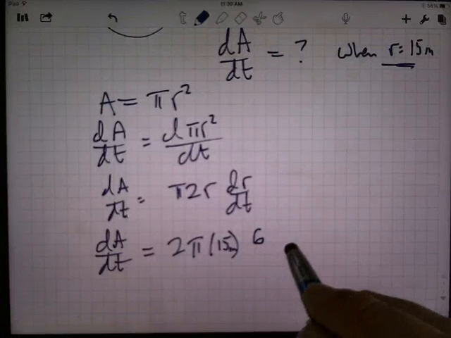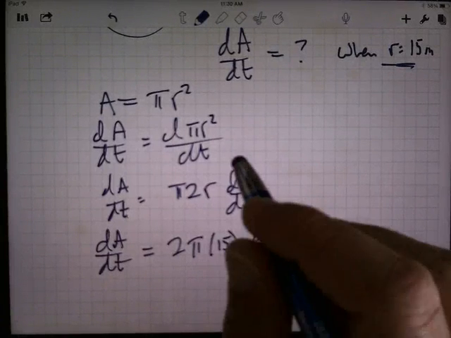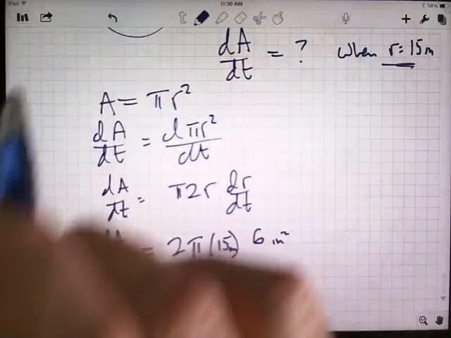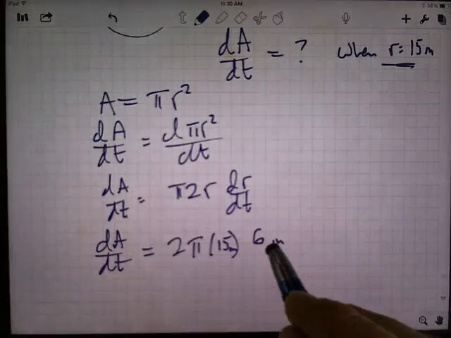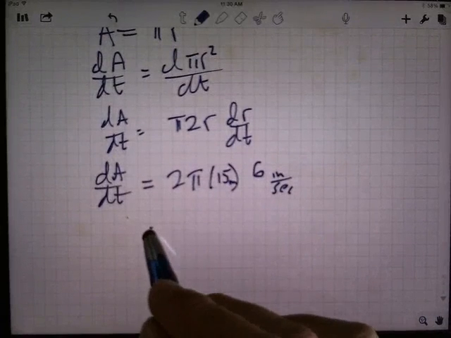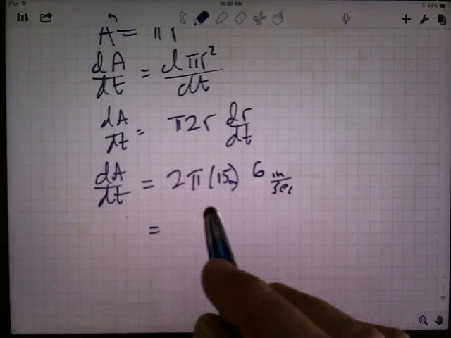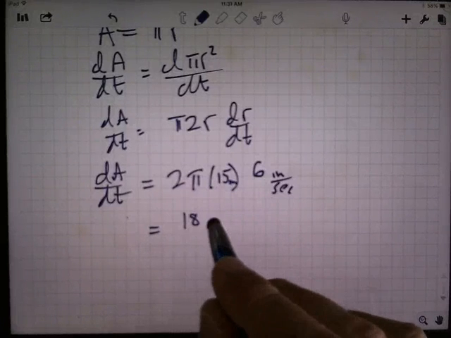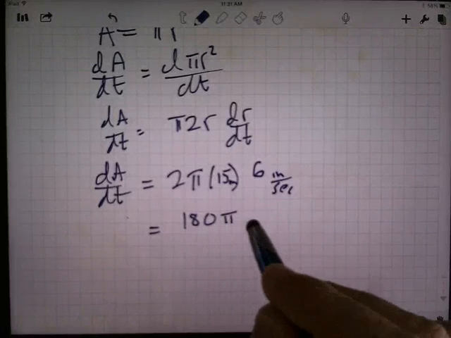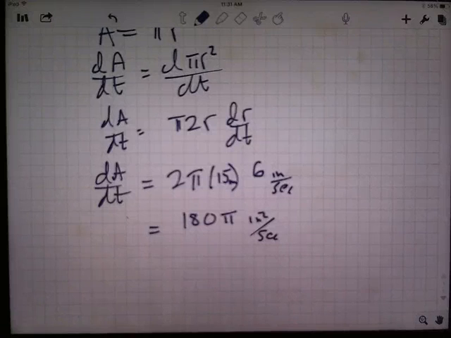The units are just inches per second. And the grand total is that dA/dt is 30 times 6, which is 180 pi square inches per second.